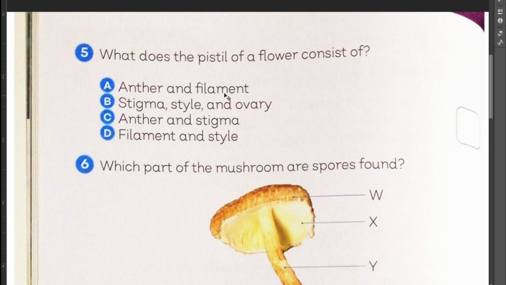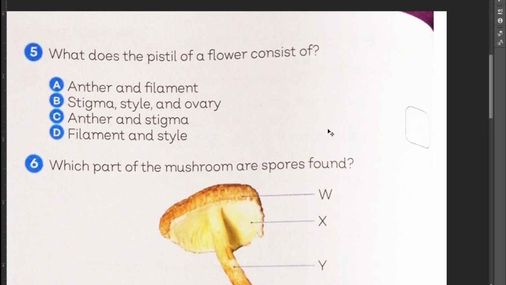Letter A, the anther and the filament. Letter B, the stigma, style, and ovary. Letter C, anther and stigma. Or letter D, filament and style. The pistil is the female part of the flower, which consists of the stigma, style, and the ovary.